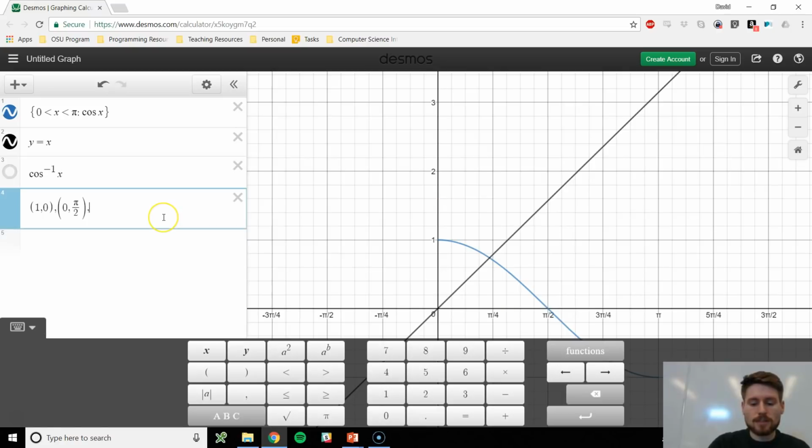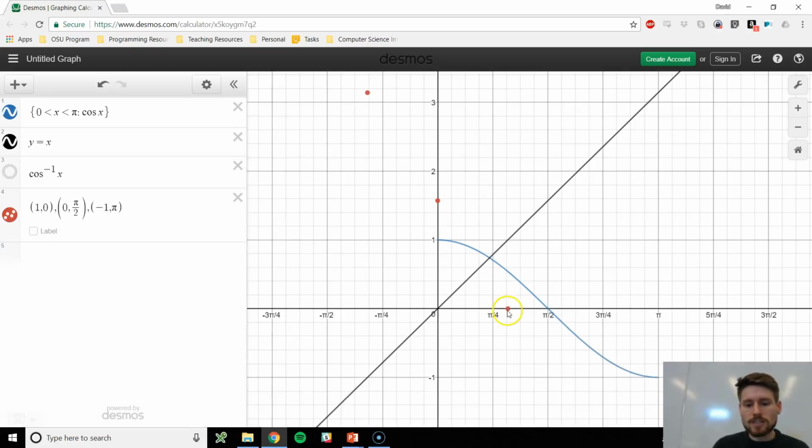So we'll swap those x and y values. That's over there. So we can start to see some shape to this graph. This point comes down here, this point comes up here, and this point goes up to there, to (negative 1, pi). Let's go ahead and put cos inverse in, and voila, there we go.